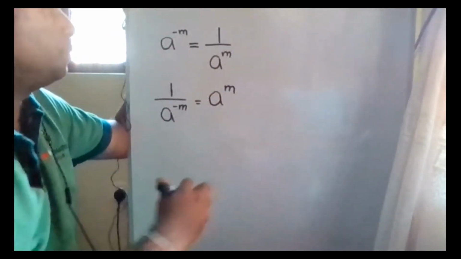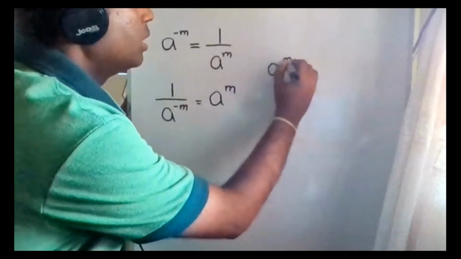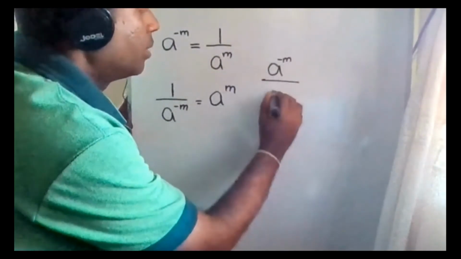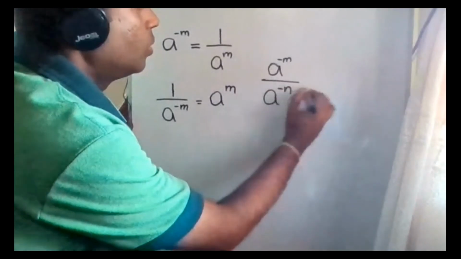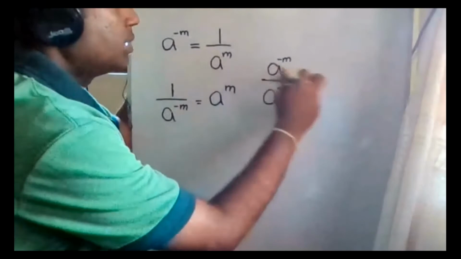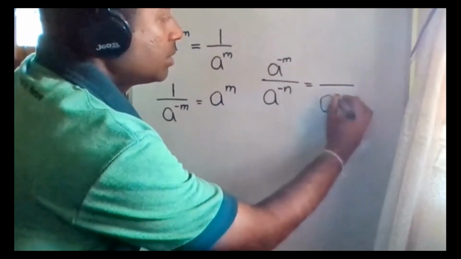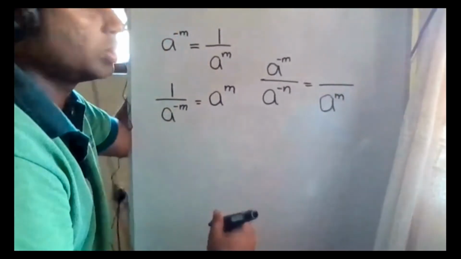And another way, if there are two powers having negative indices, you take the numerator number to the denominator place by converting it to a positive index.